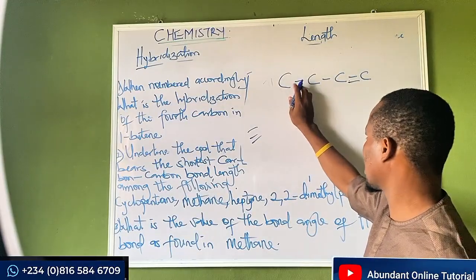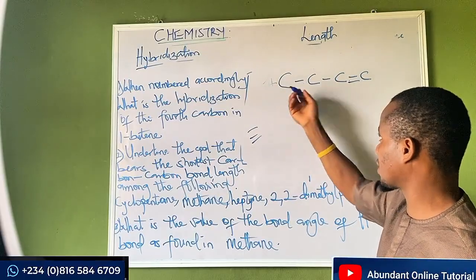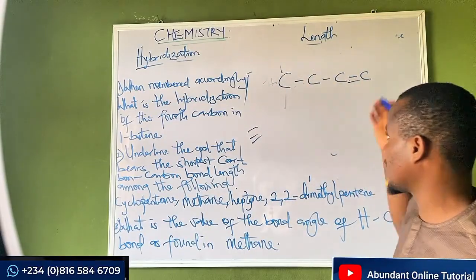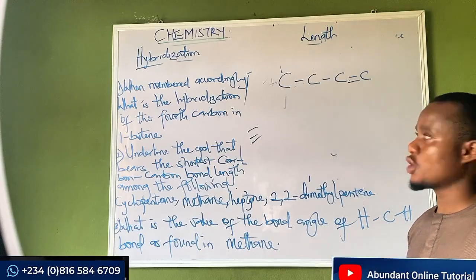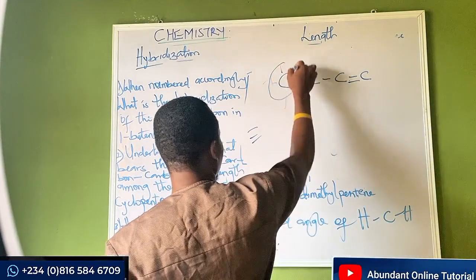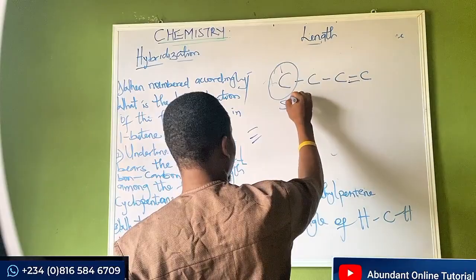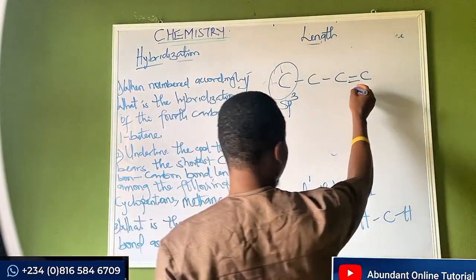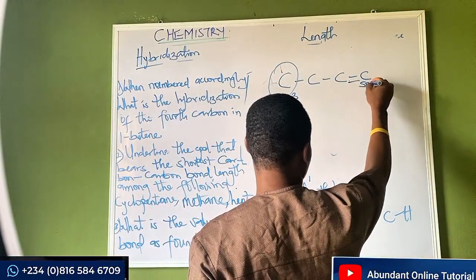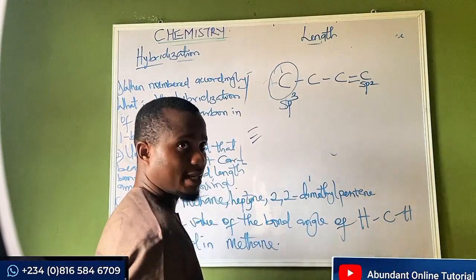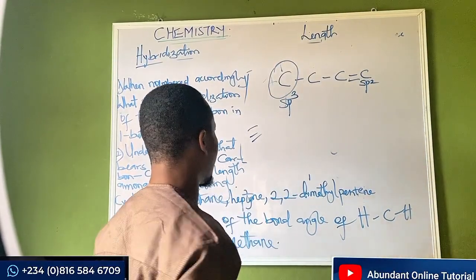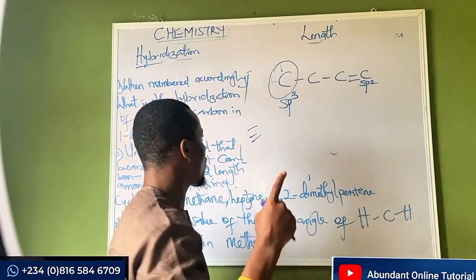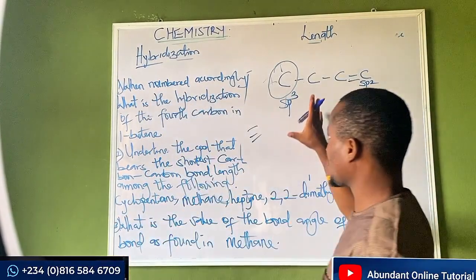So see this, it is a single bond. So therefore, the 4th carbon is sp3 hybridized. While this one is sp2 hybridized. Is it clear? This one too is also sp3 hybridized when it has a single bond. So that is for this one.